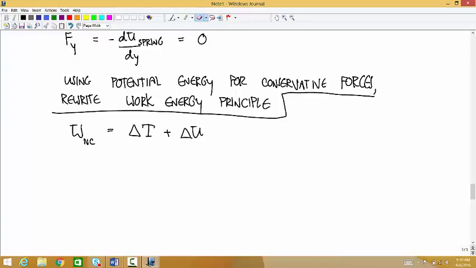It makes sense because the change in potential energy is equal to the negative work done by conservative forces. And then you can just add that to the other side and we get our original work energy principle back. But this form lets us take advantage of the simplicity that comes with conservative forces, treating the work as a change in potential energy.